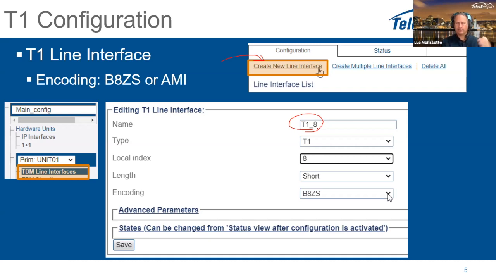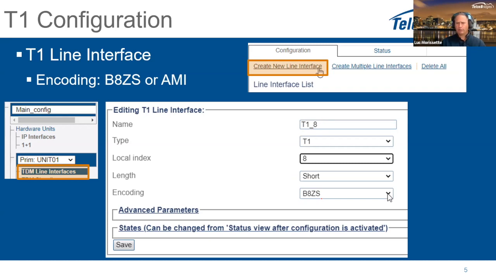So you know that this device as the 8 T1 will be this one here. And then the type here, that's what you choose from T1 or E1 or other modes. The index, that's a physical index that you will connect to on the patch panel. Length is always short, and then encoding here is what I mentioned, so B8ZS or AMI.